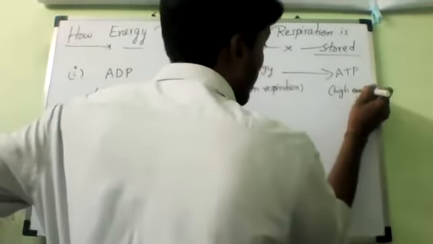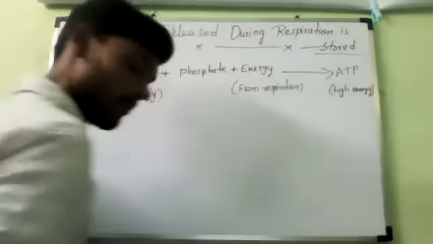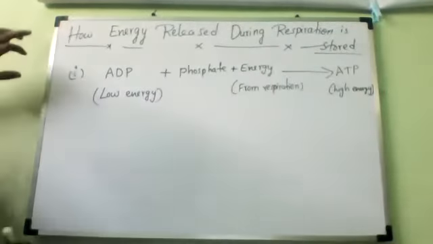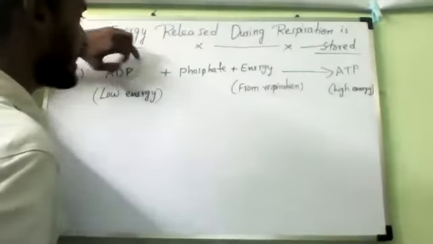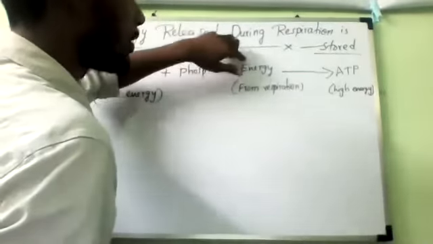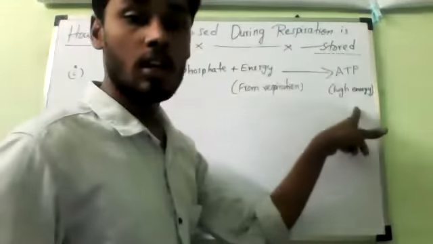Do you understand? All of you, do you understand or not? Yes, sir. So ADP will be produced first, and this ADP, with the addition of phosphate plus more energy, will be turned into ATP.